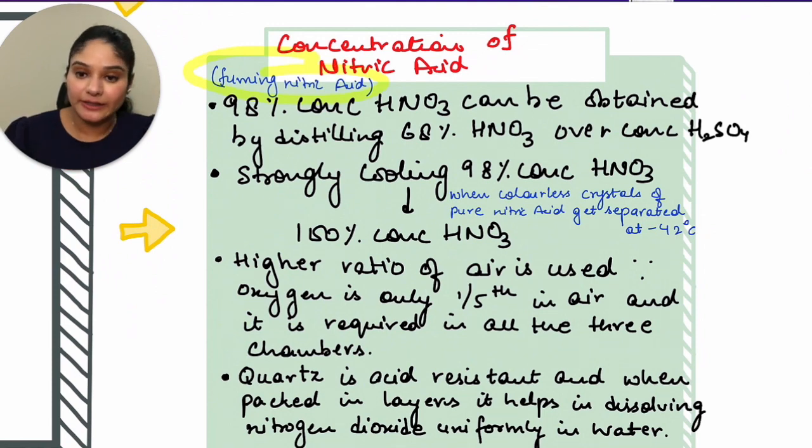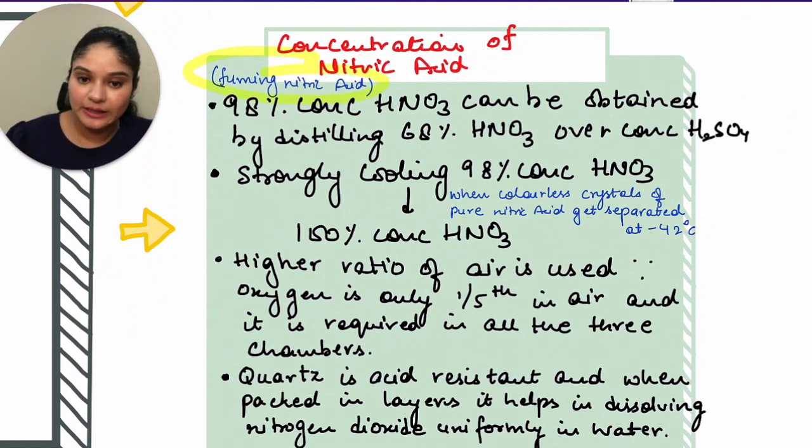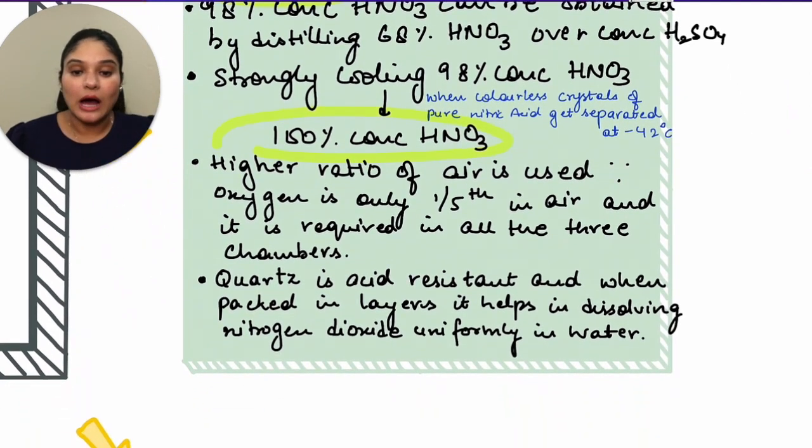Till what temperature do you cool it down? You cool it down to -42 degrees Celsius. This is the point where crystals are formed for nitric acid, and this can bring it to 100% concentration.